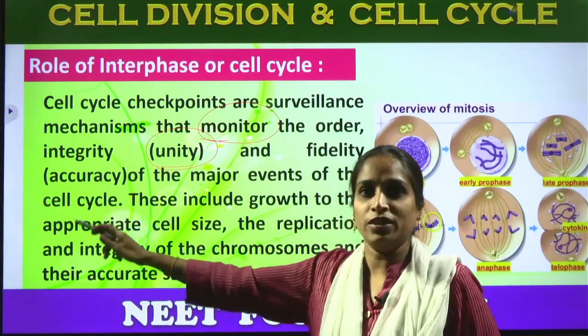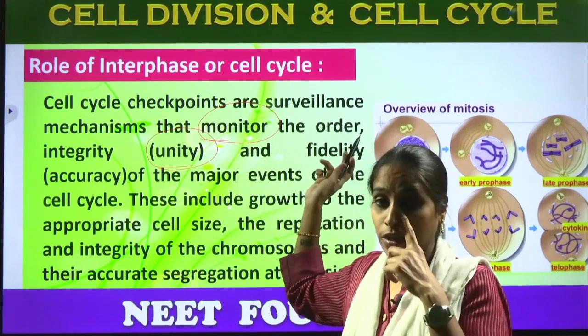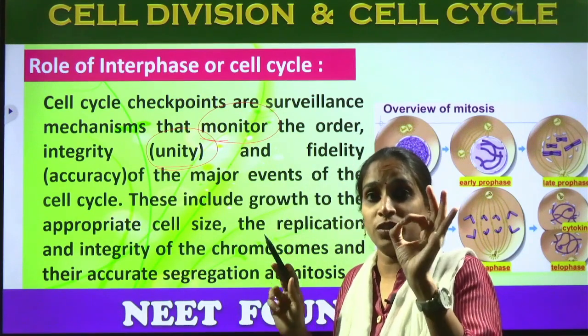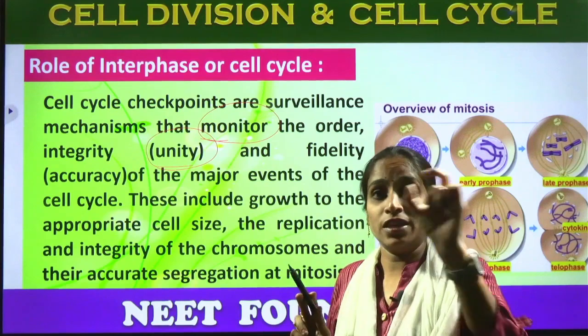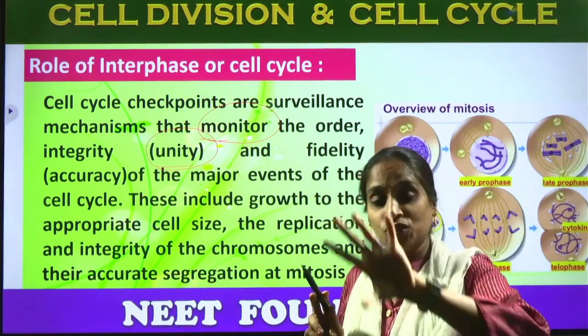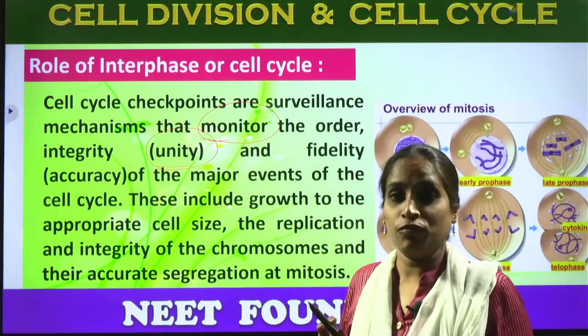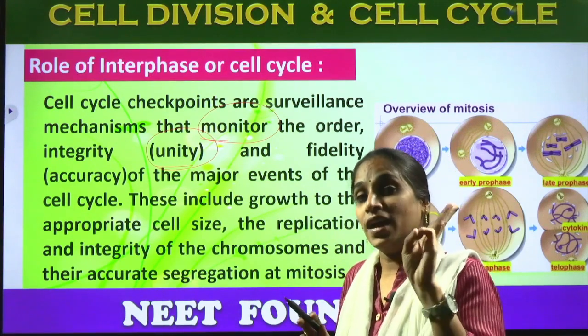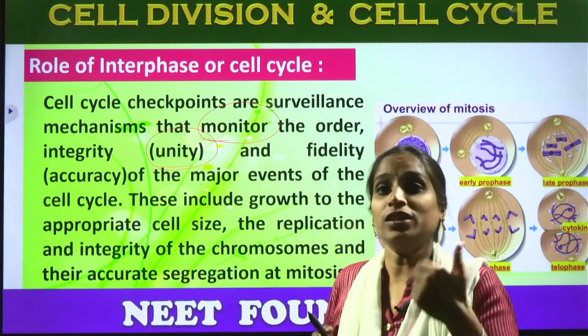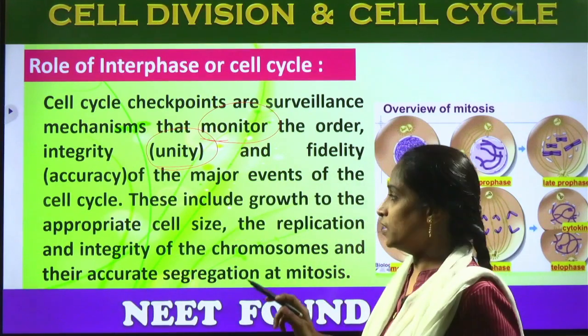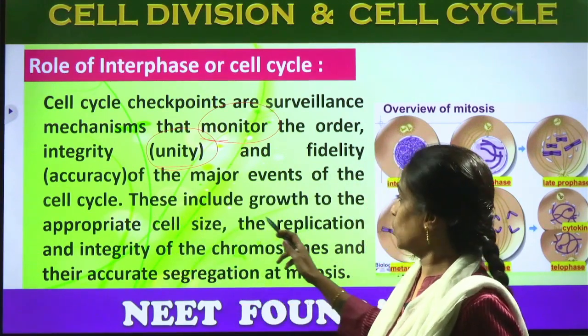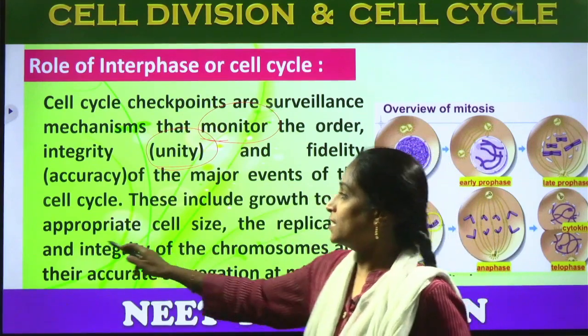After completing the work, the checkpoints and regulatory pathways check whether the work has been done properly or not. If there is any error, they remove it and repair it, confirm it twice and thrice, and then allow the cells to undergo further cell division. So these include growth to the appropriate cell size.